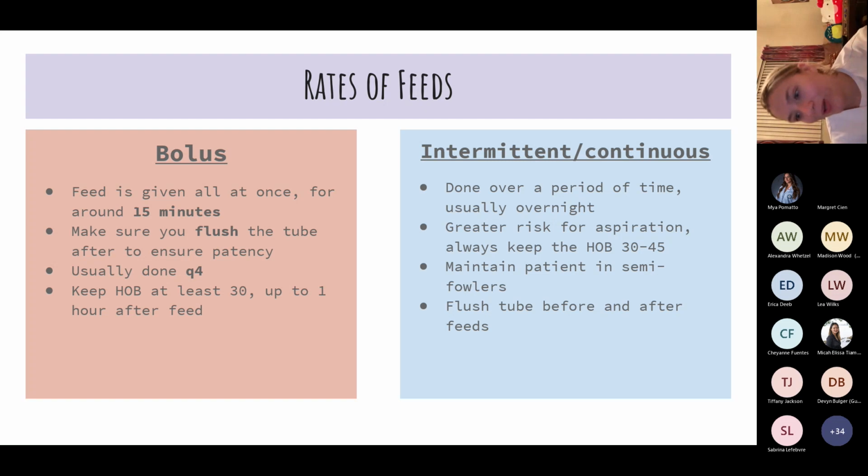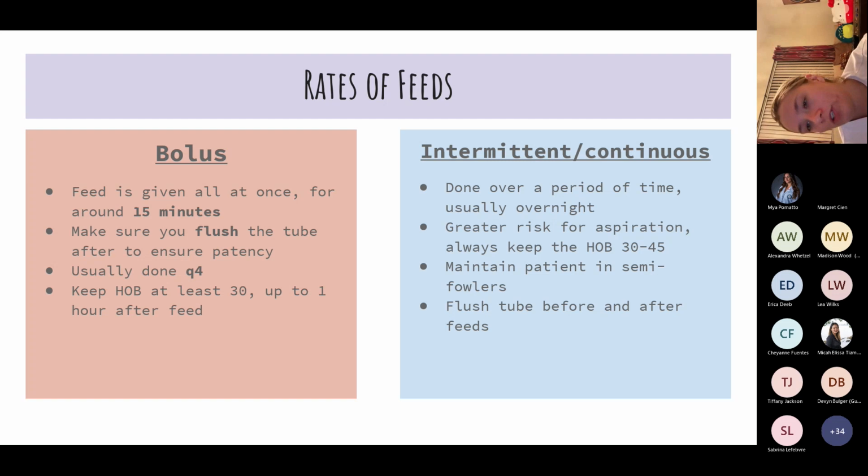If you're on an intermittent or continuous feed, you are a 12-hour aspiration risk. And that's what I really, really need you guys to understand. They always have to be in semi-Fowler's. If for whatever reason the patient's blood pressure drops to 70/30 and you need to put them in Trendelenburg, what are you going to do? You're going to stop the feed. And that's what you need to know.